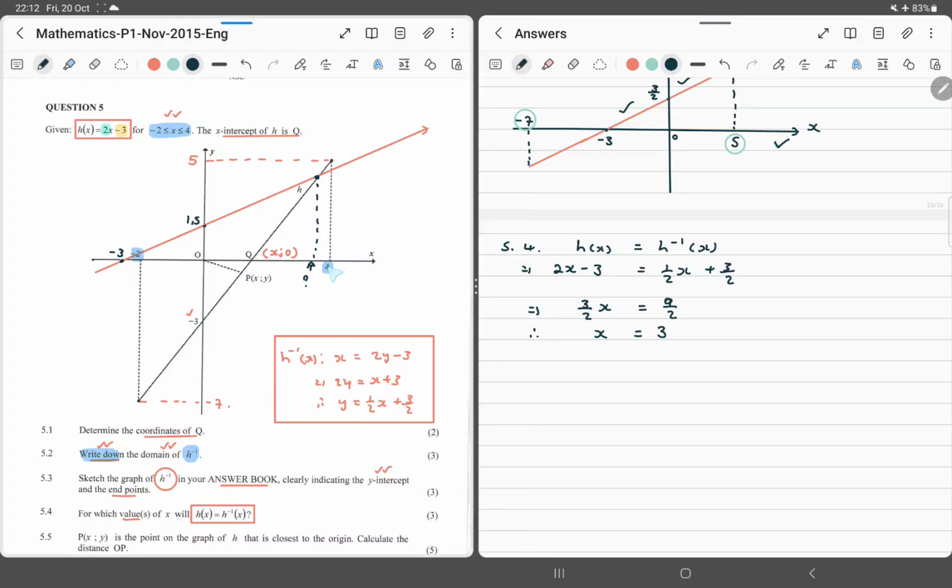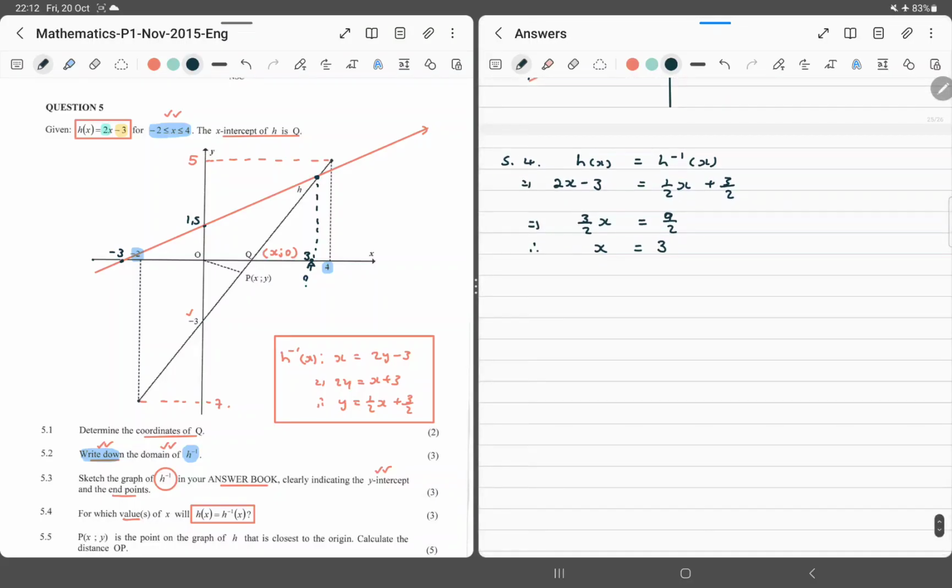Okay, that makes sense because this is before 4. Although this is not drawn to scale, but it makes sense. Okay, so we can say that is it, because we're supposed to solve. It says for which value or values of x. So this s is just there to confuse you sometimes. So that is the one.